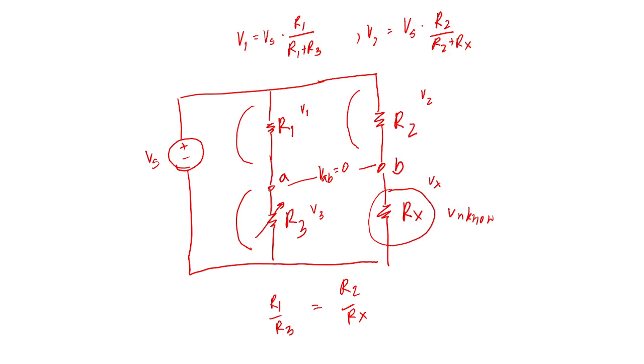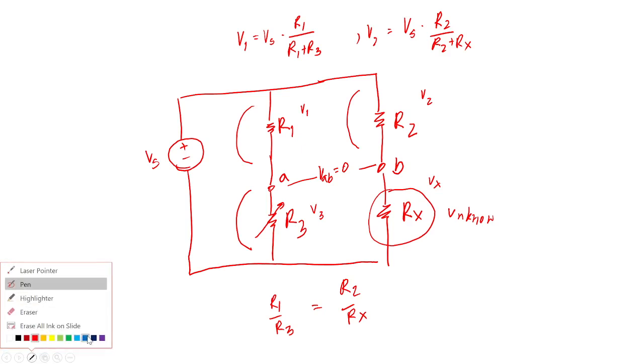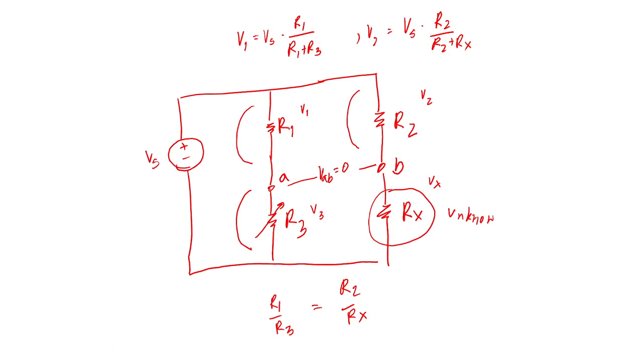Okay, it will be equal. It means that if we use R1 and R2 at the same value, what does that mean? For example, if I use R1 as 1k ohm and R2 as 1k ohm, and we vary R3 until VAB is 0, you catch the point?